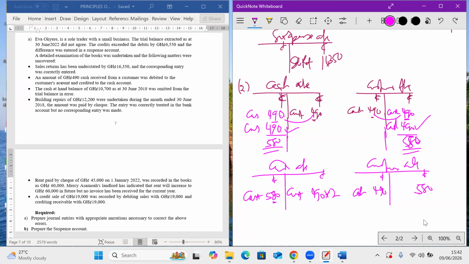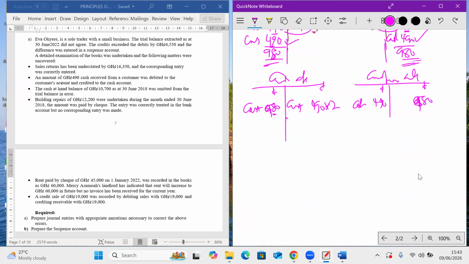Is it 580? No, it's supposed to be more: 980. I'm not using a calculator, I'm using my brains. So when I make it 490 times 2, it gives me 980. 490 from the 980 on the debit will cancel the 490. The balance will be 490. So let's see.